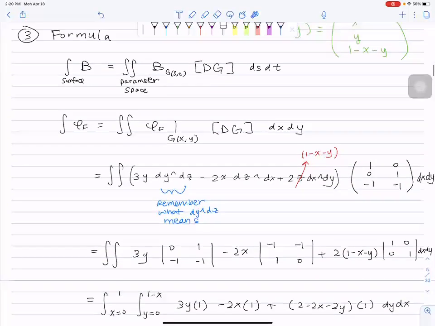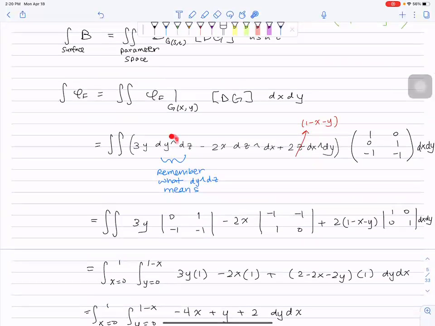Remember from last week that one way we could evaluate this, remember what dy wedge dz means. We could take the y row and the z row from our Jacobian and find the determinant of that. So 3y dy wedge dz can be written as 3y times the determinant of 0, 1, negative 1, negative 1, our y and z rows. Then you have minus 2x. What is dz wedge dx?